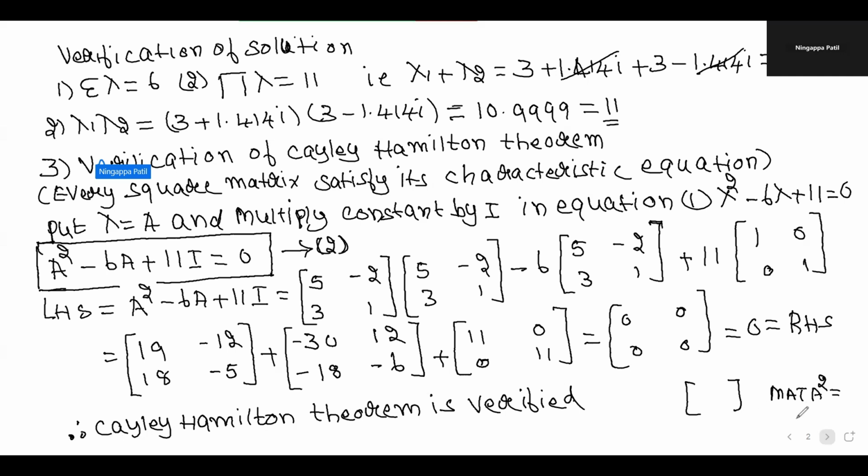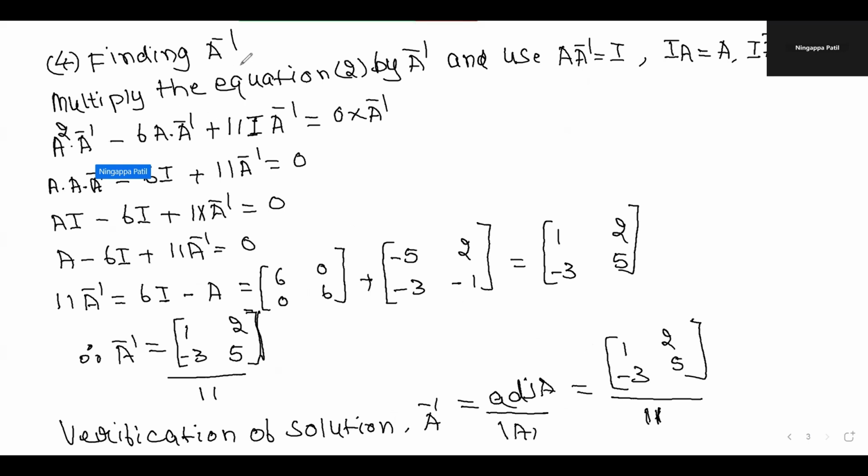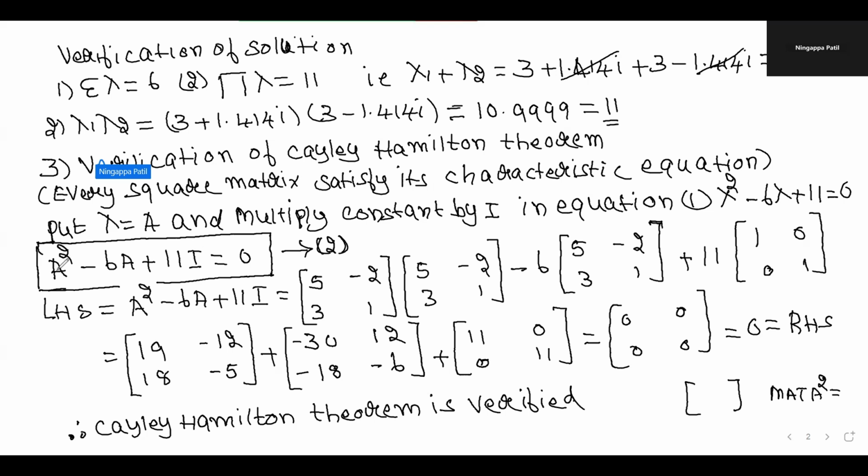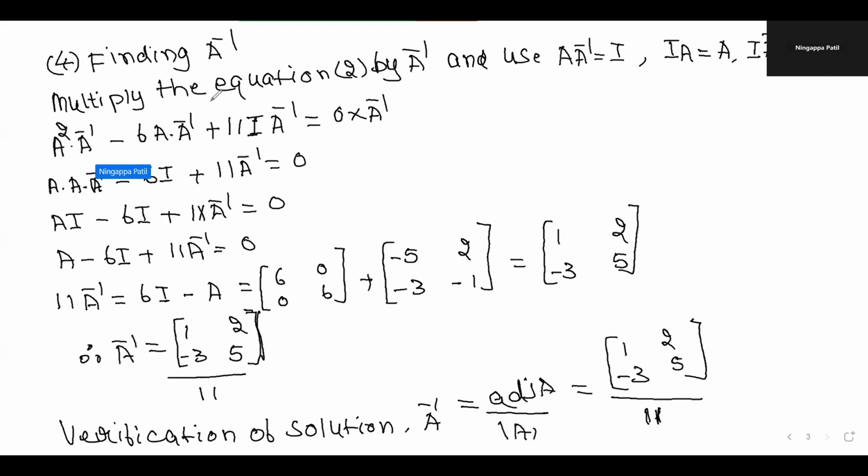Okay. Now, next, finding the A inverse. My dear students, multiply equation 2 by A inverse. Look here, equation 2: A square minus 6A plus L1 I. Multiply this equation by A inverse and use these quantities: A into A inverse equal to I, I into A equal to A, I into A inverse equal to A inverse.